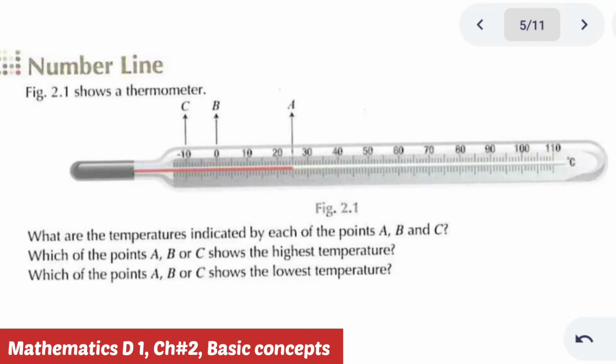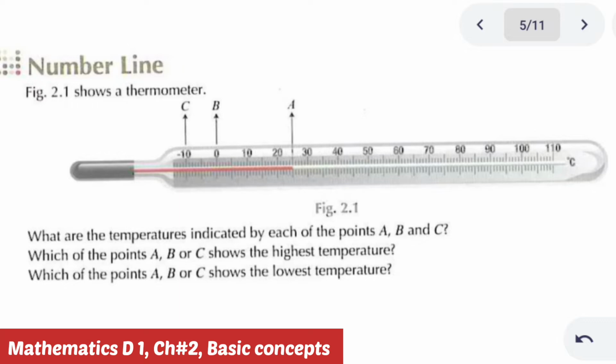These concepts can easily be understood with the help of a number line. A number line is a line showing positive numbers and negative numbers. For example, if we read temperature from a thermometer, in this activity we have to answer some questions. The first question is, what are the temperatures indicated by each of the points A, B and C?